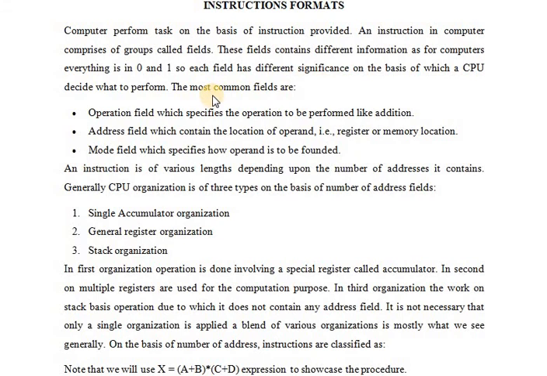I have already said there are three fields here: one is the operation field, another is the address field, and the third is the mode field. Based on these fields only, the CPU decides what to perform. The most common fields are the operation field, address field and mode field.